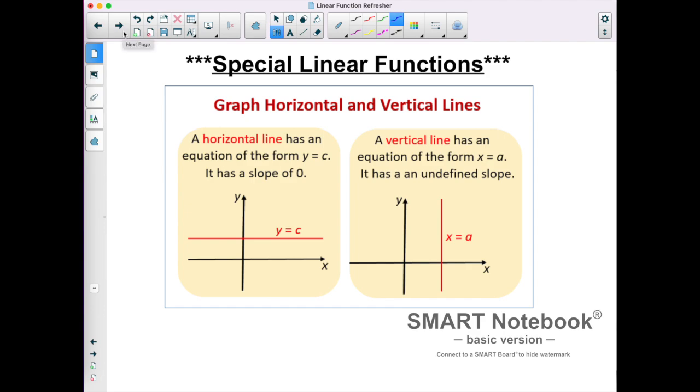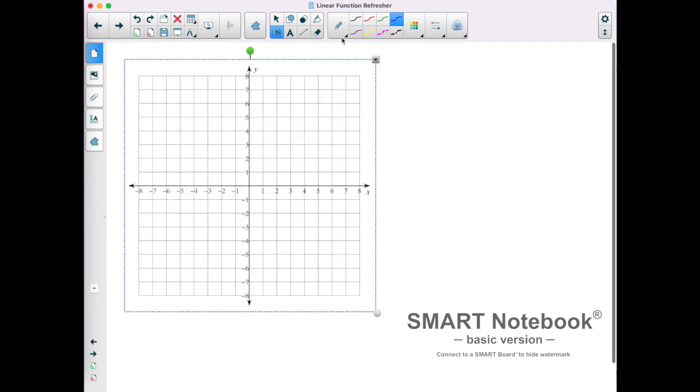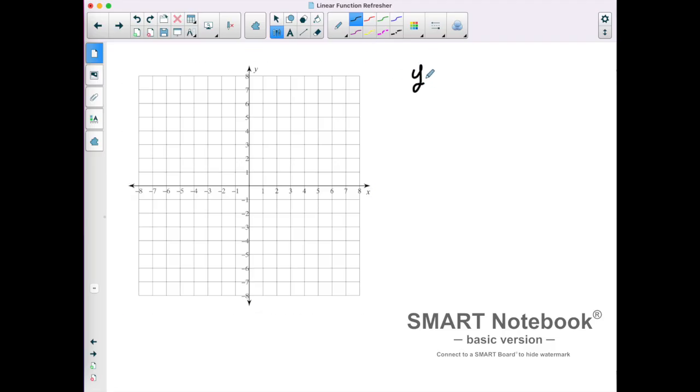So to graph those, we're going to see either an x equals or y equals equation. So let's start with y equals. If I see something like y equals 7, that has a slope of 0, and it's saying that the y is constantly 7. So I think about where the y's are 7.